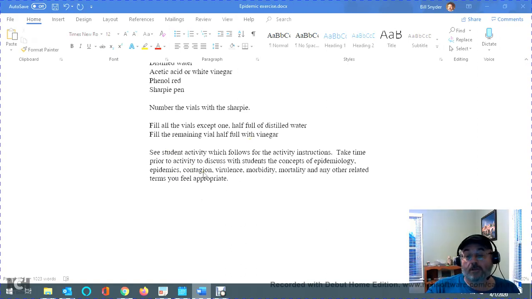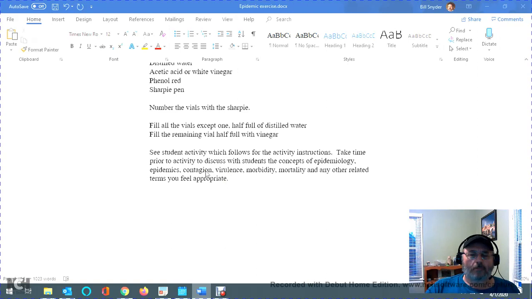Now, in terms of a contagion, a contagion, or pathogen, is something that makes you sick. And it does this through virulence factors. How virulent it is is how much of an exposure you need before you're going to get sick.